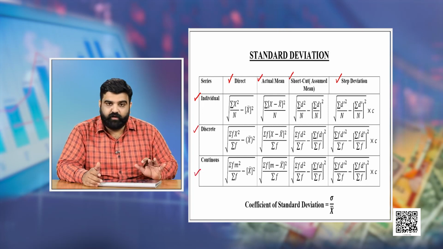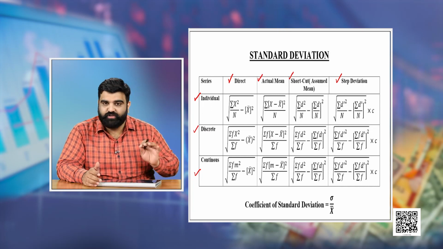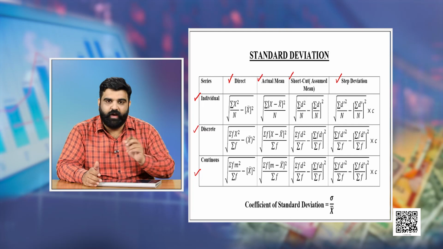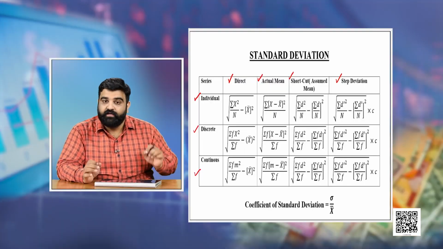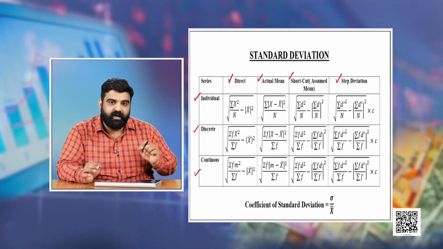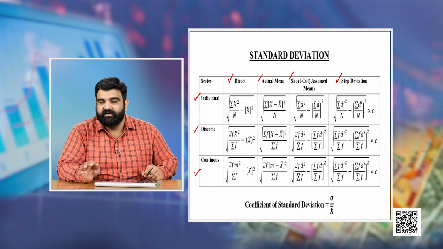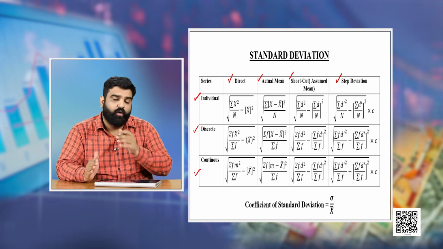The formula for the direct method is the square root of sigma x square by n minus mean square. The actual mean method formula is the square root of sigma (x minus mean) whole square divided by n. The shortcut method is the square root of sigma d square by n minus (sigma d by n) whole square.